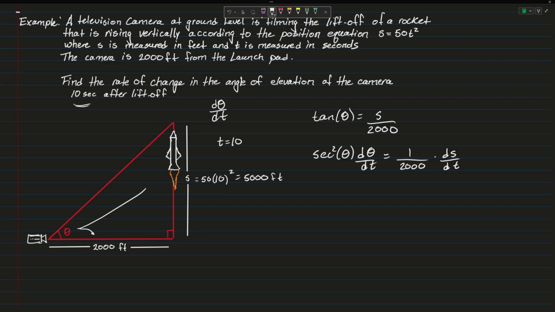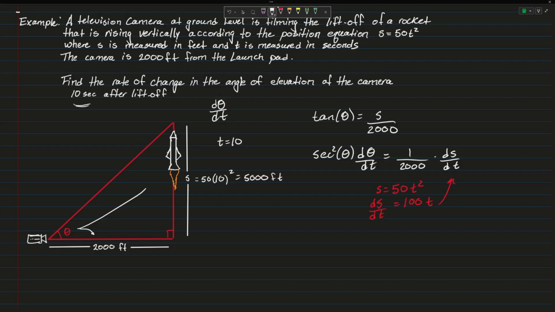Okay, we are given that s is equal to 50t squared. So if we take the derivative with respect to t on both sides, we get ds dt is equal to 100t. And we can just substitute that in up here.